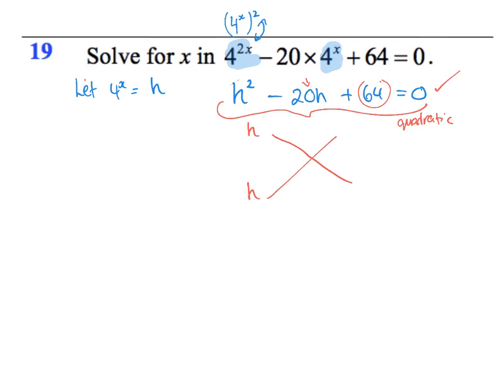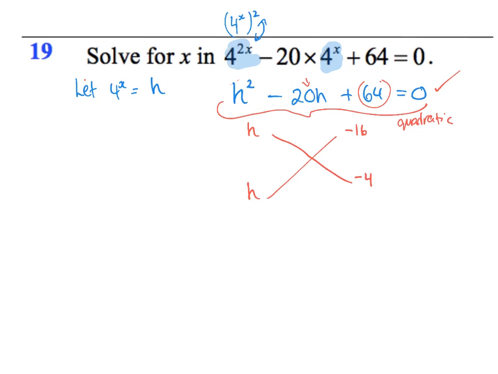So I'm going to break it up, h and h. Now I need something that multiplies to give positive 64, but if they add, give negative 20. So I've had to think about it. And maybe what if I said negative 16 times negative 4? Would that work? Does that give positive 64? Yeah, it does.